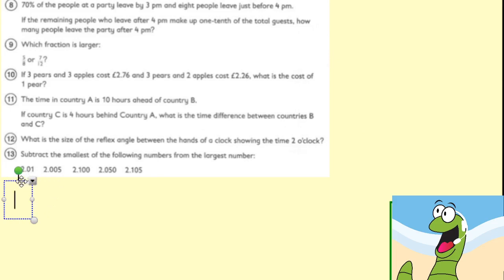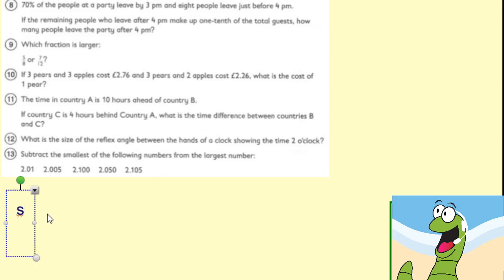We've got 2.01, so it's no tenths, 1 hundredth. We're going to have smallest, and we're going to work our way to the largest.